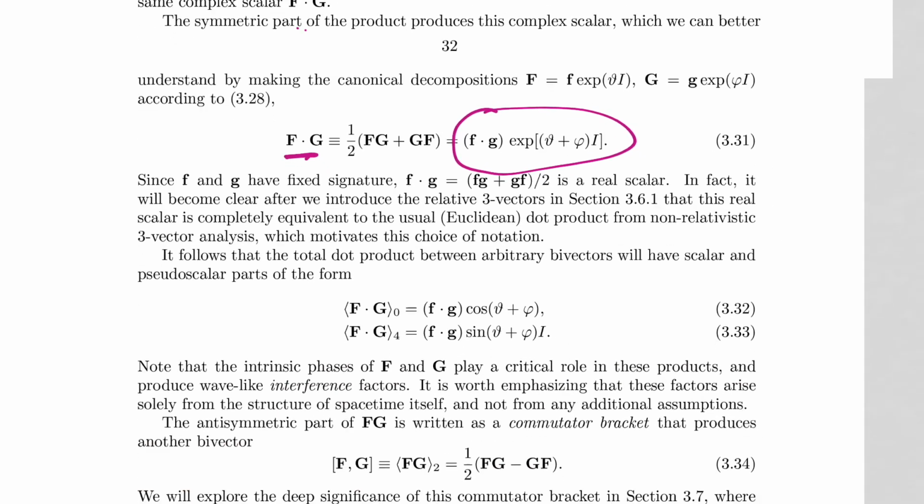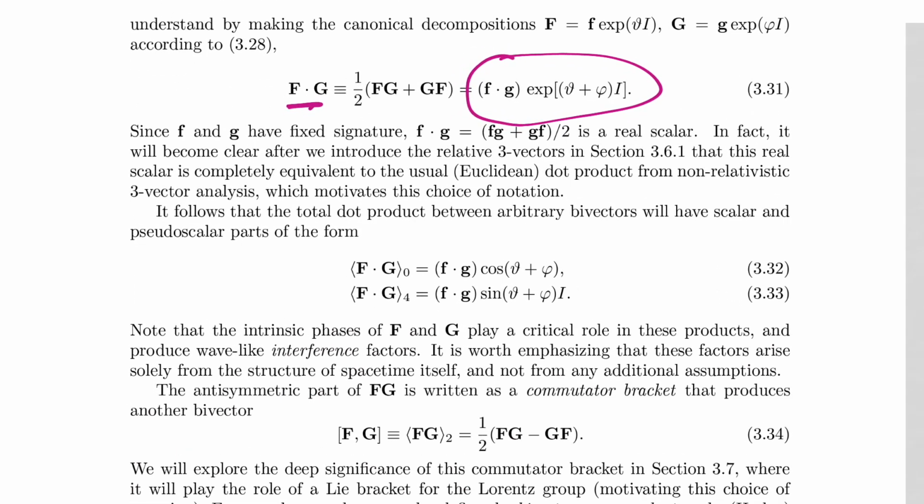So that's fun. And then they give us a little bit, in fact, it'll become clear after we introduce relative three vectors that this real scalar is completely equivalent to the usual Euclidean dot product from non-relativistic three-vector analysis, which motivates this choice of notation.